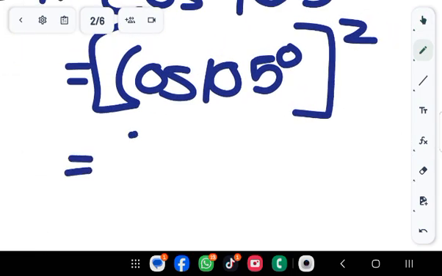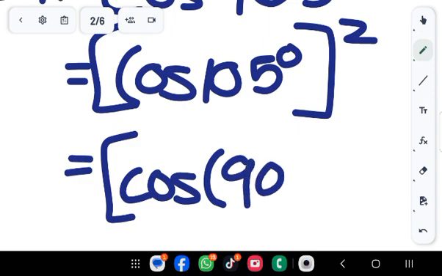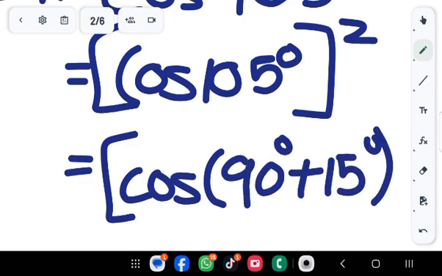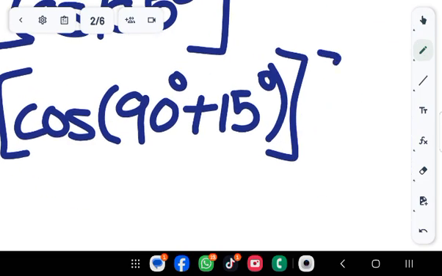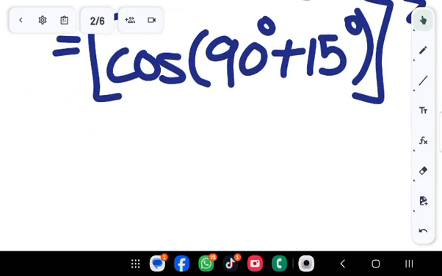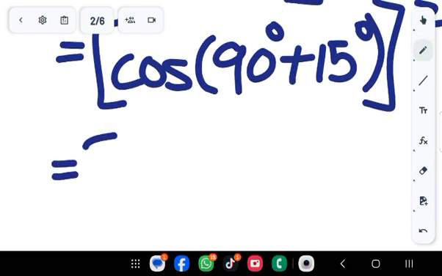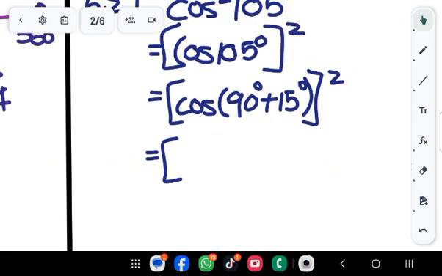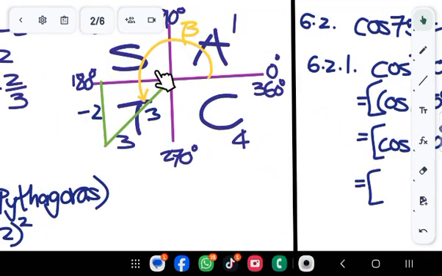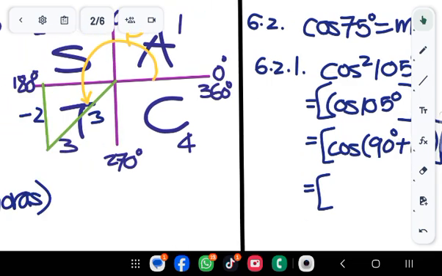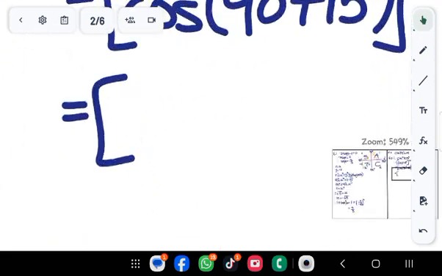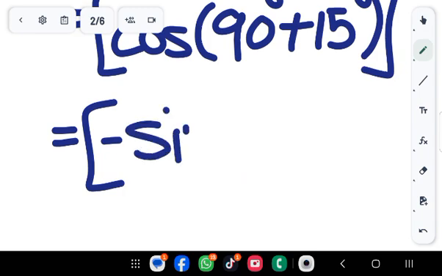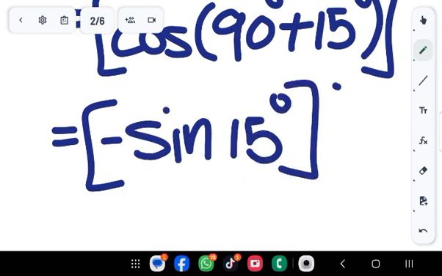Obviously that is equal to the cos of 90 degrees plus 15 degrees. That lands us in the second quadrant, and there it becomes the co-function. Now the co-function of cos is sine, but because cos is negative in the second quadrant, that sine will also be negative. So that will be negative sine of 15 degrees all squared.